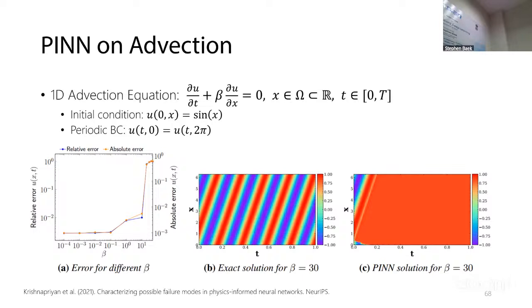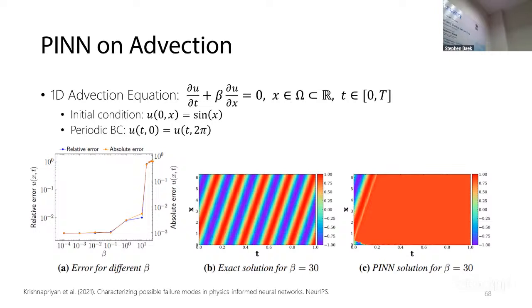In fact, it fails to predict anything after time t equals, I guess, 0.2. 0.2 is roughly when the initial sine wave makes its full translation, and after that it doesn't really predict anything.